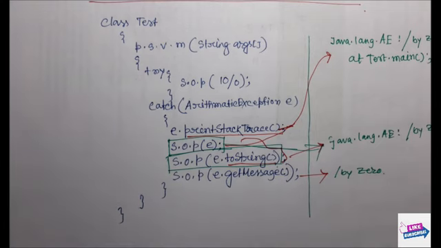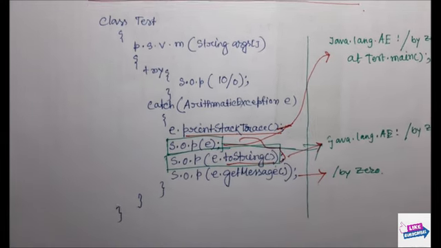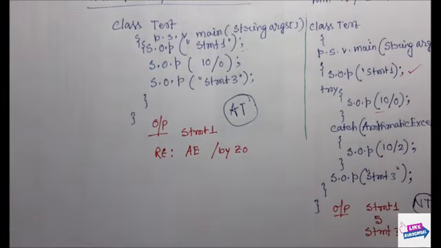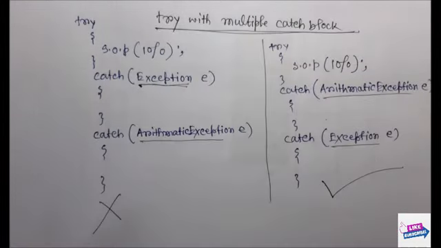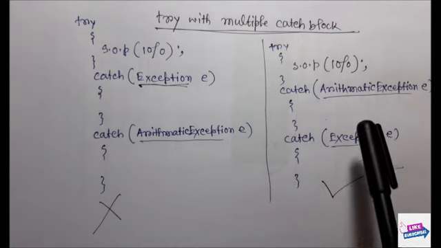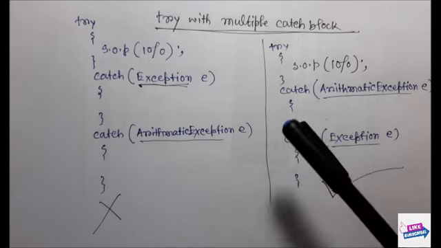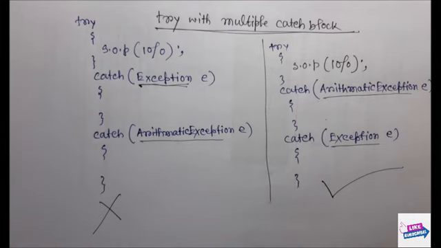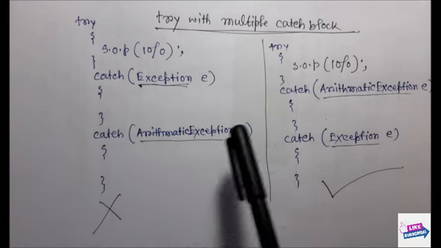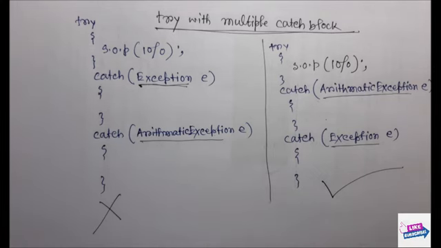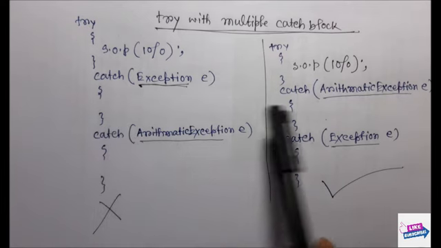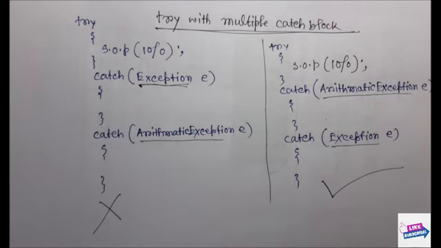And we have also discussed what will happen if I use different catch blocks, and what order of exceptions we have to maintain, whether we have to use the child class first or the super class first. In this example we have discussed that if there are multiple catch blocks, we always have to declare first the catch block which consists of the child class, and after that the super class.